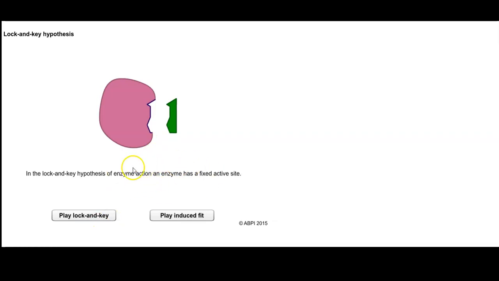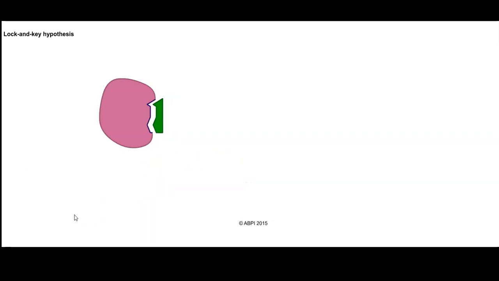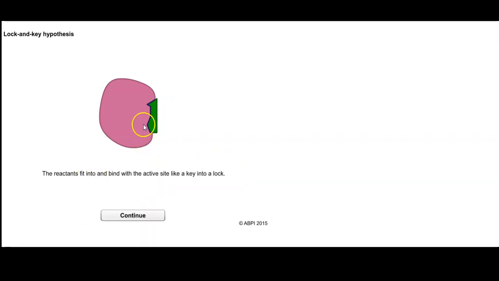In this hypothesis, the enzyme has a fixed active site and the substrate fits within it just like a key, with the active site acting as a lock. Once the binding has occurred, the breaking down or the joining of the substrate occurs.